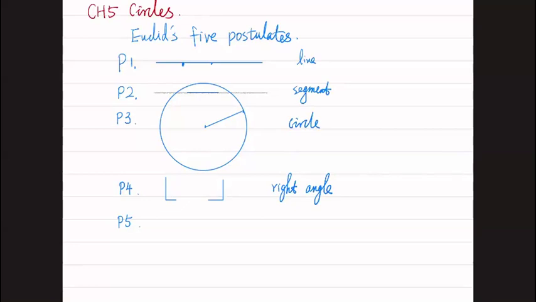Last one is about the transversal of two lines. We check the summation of two interior angles on the same side, 1 and 2. If the summation is less than 180, the lines intersect on that side.